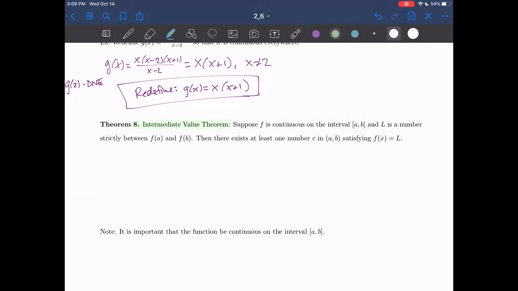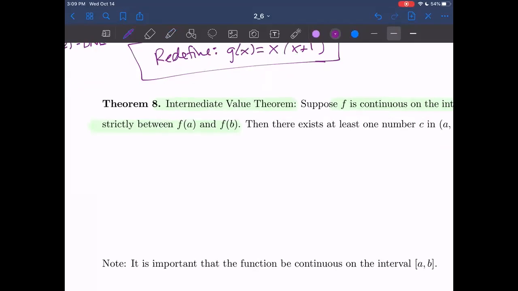So if we've got a function that's continuous on an interval from a to b, and L is some number that's in between the y points for our endpoints. So let's draw a picture. I've got a function that's continuous from a to b. Let me draw that so I've got more room. From a to b.